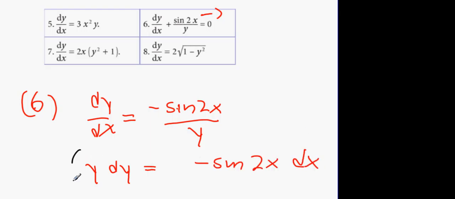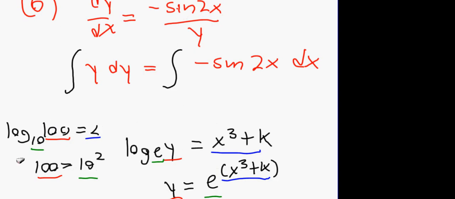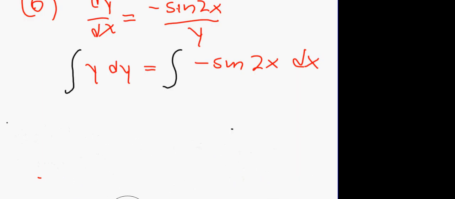Integrate both sides. And what you're going to get here is, when you integrate y, what do you get? Anybody? It has to be y squared, and then you have to half y squared to get where you started. So half y squared equals, when you integrate minus sine 2x, sine x goes into minus cos x.